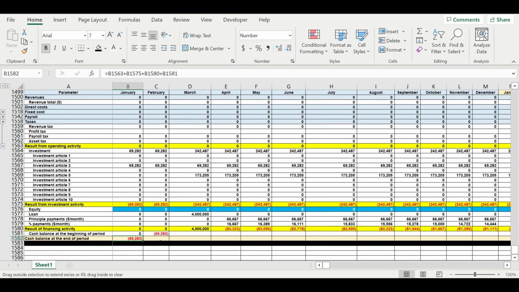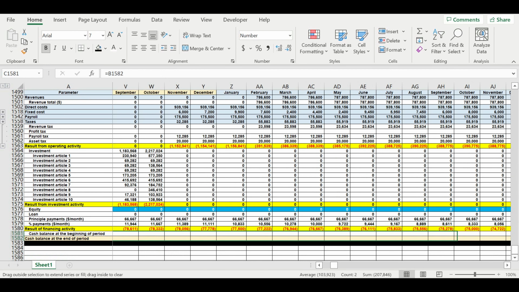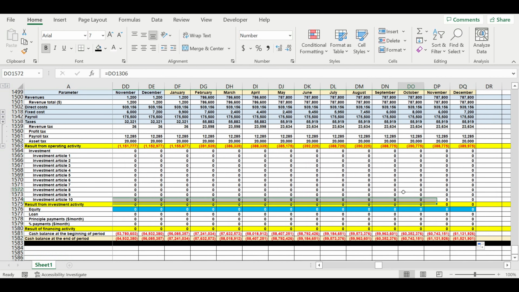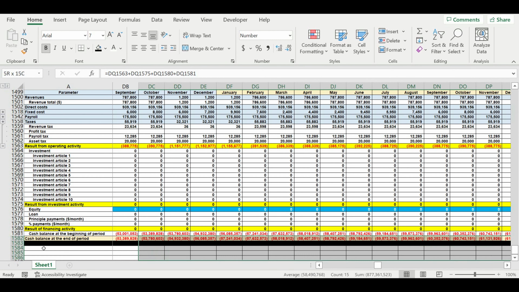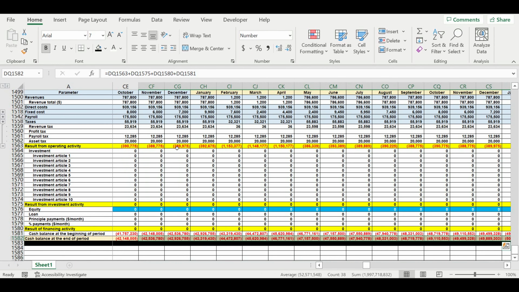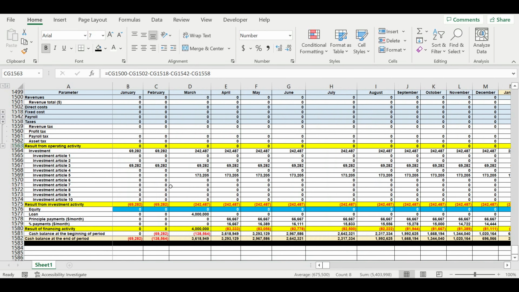Then we extrapolate this formula to the right, and then we extrapolate these both formulas to the right. So now we have what we have. We have cash gap. We have losses here. So we just have to create some scenario to make it happen profitable.